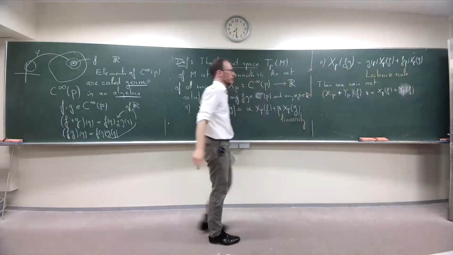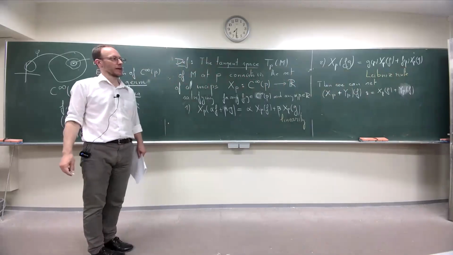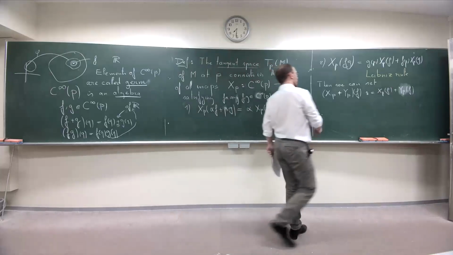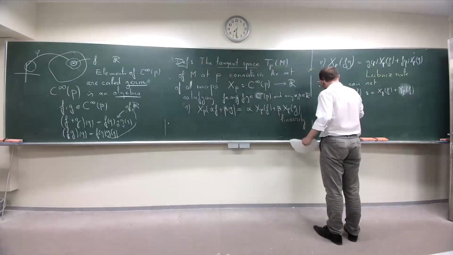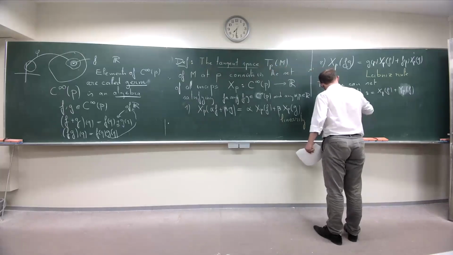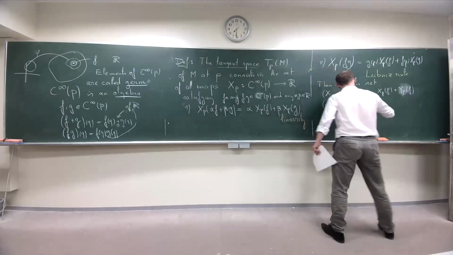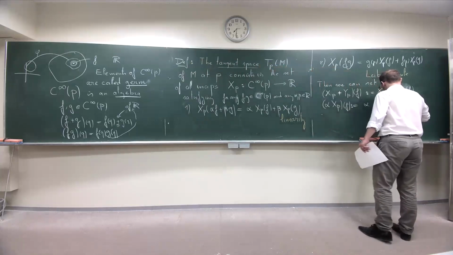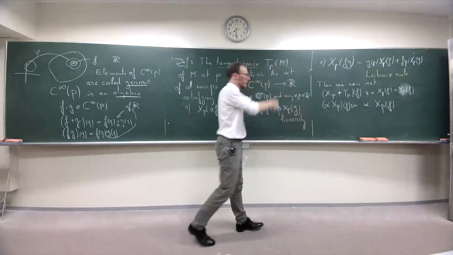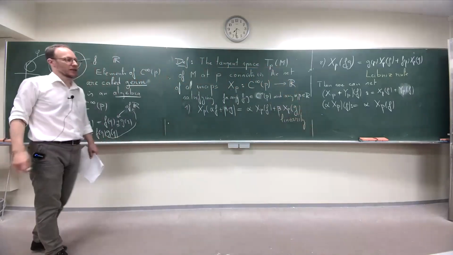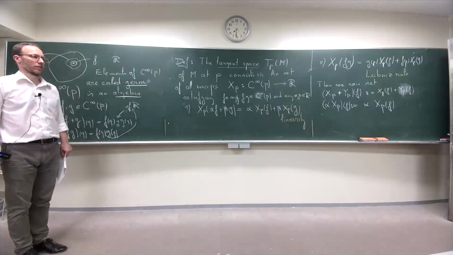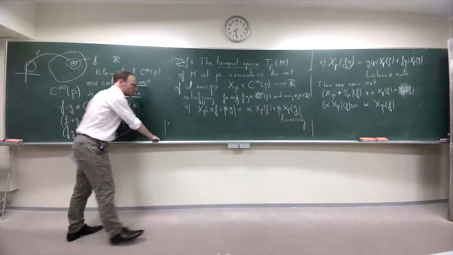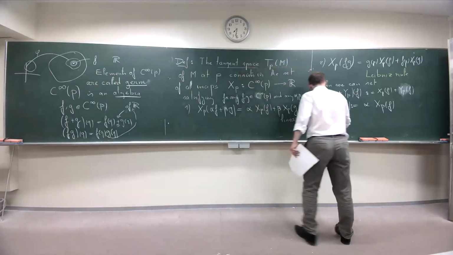The second plus is not the same as the first one. The second one is just an addition of numbers. The first one is my definition. And I want to define also multiplication, alpha X_P evaluated at f. This is alpha times X_P of f. I put two dots equal because the left-hand side, I define it. On the right-hand side, this is just the multiplication of two numbers.